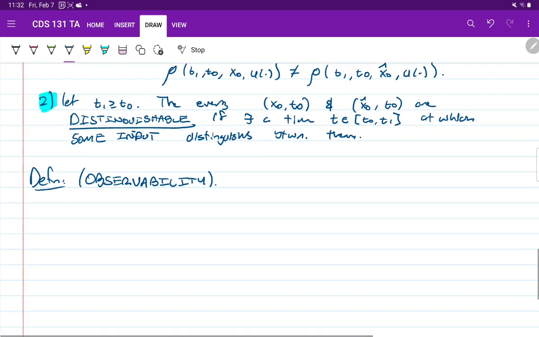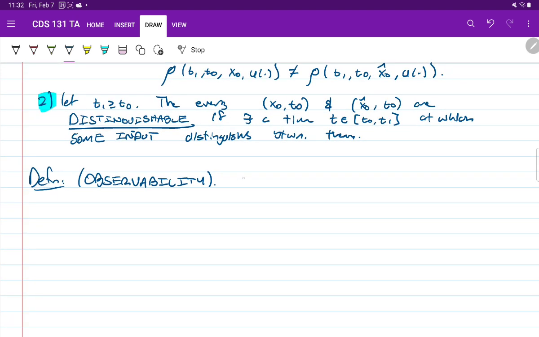All right, so again, we're going to consider an IO dynamical system D on a time set T, okay?